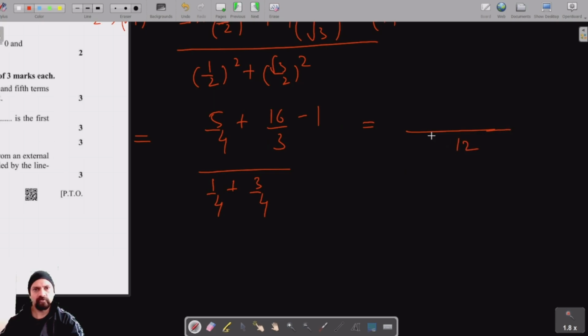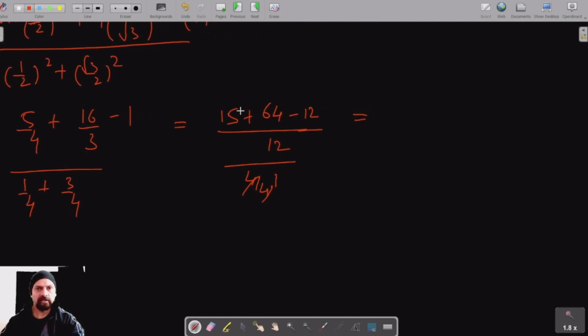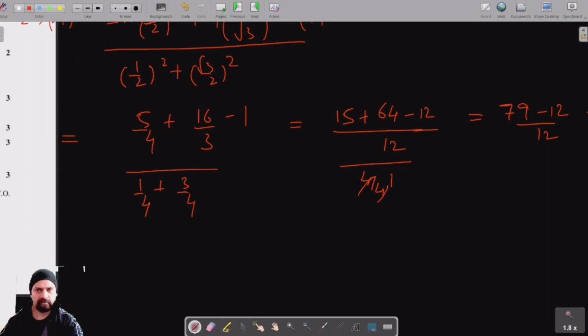So the LCM is 12, and this is 15 plus 64 minus 12 upon 12, and 1 by 4 plus 3 by 4 is 4 by 4, so this is 1. Now this is 15 plus 64 minus 12 by 12, which gives 67 by 12 as the answer for the first part, 67 by 12.